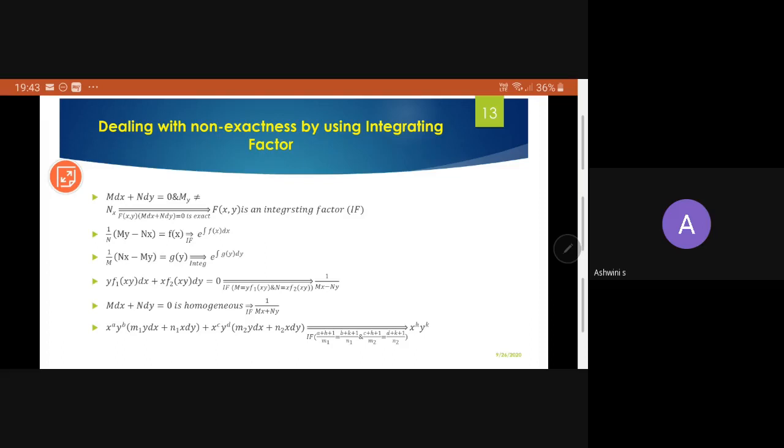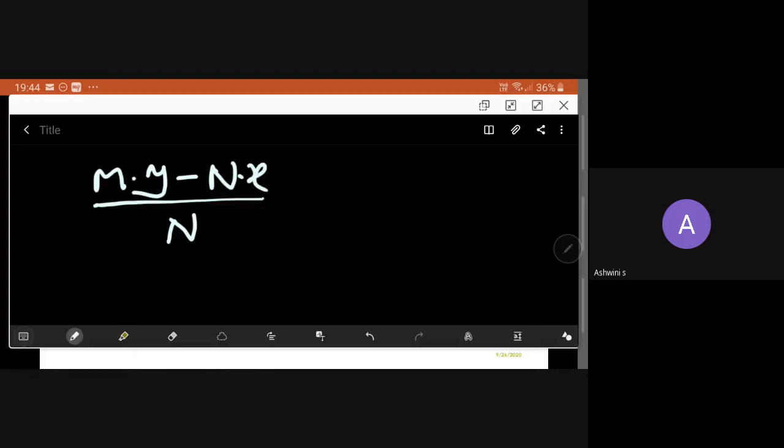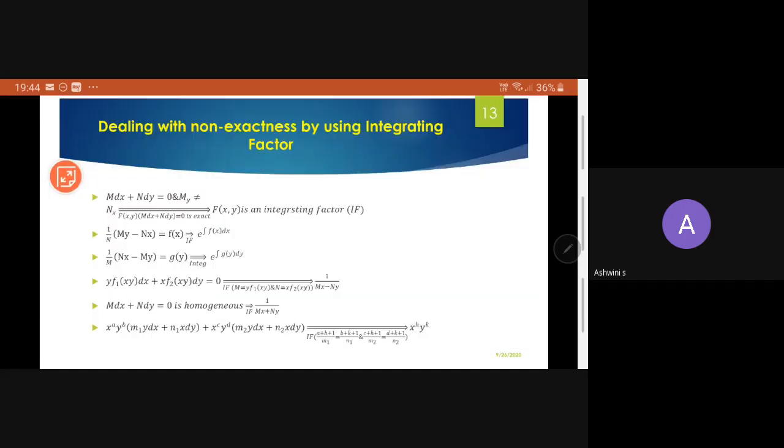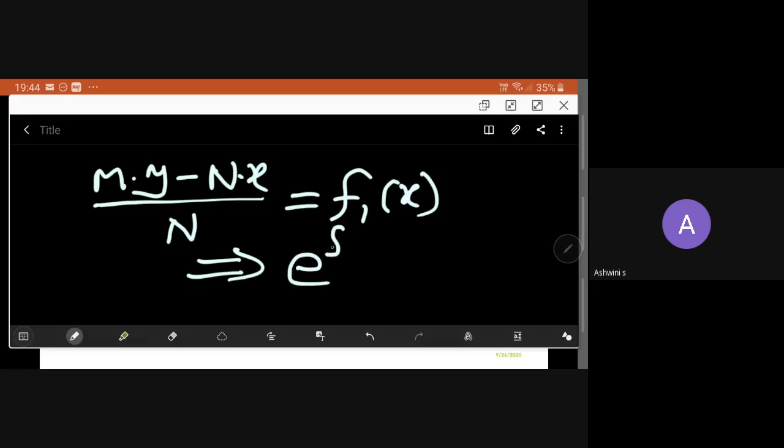First one is (M_y minus N_x) by N. Here I am writing M_y, not ∂M/∂y, minus N_x, whole by N. If this is only a function of x, say f1(x), then our integrating factor is e to the power integral f1(x) dx.